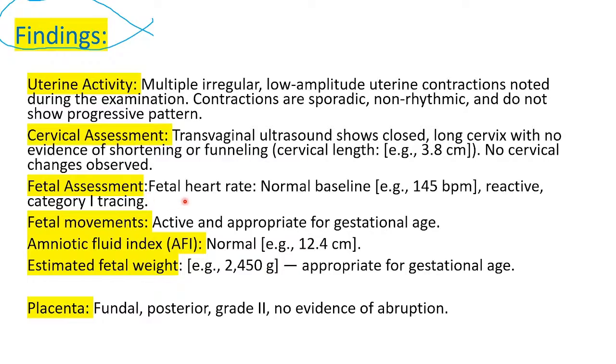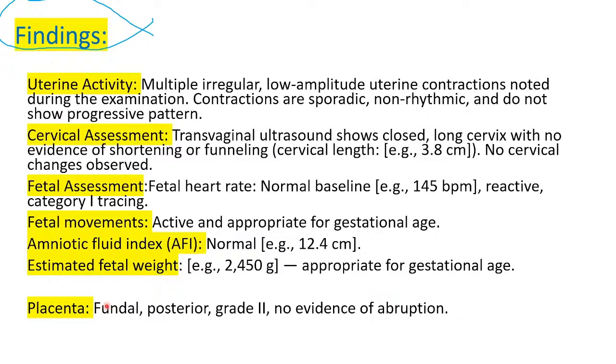So fetal assessment, fetal heart rate, normal baseline 145 beats per minute, reactive category 1 tracing. Fetal movements, active and appropriate for gestational age. Amniotic fluid index, 12.4 centimeters. Estimated fetal weight, 2,450 grams, appropriate for gestational age. Placenta fundal, posterior, grade 2, no evidence of abruption.